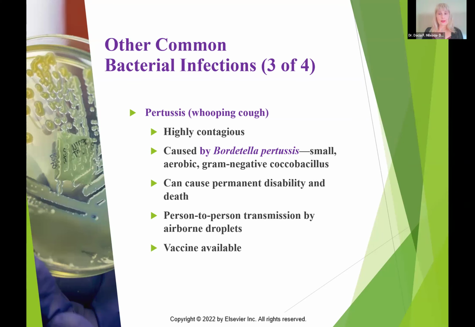Bordetella pertussis is the bacteria that causes whooping cough, or pertussis. These are aerobic, not anaerobic, so they require oxygen. They're gram negative, not gram positive. They're gram-negative coccobacilli. They can cause permanent disability and death. Ergo, we have a vaccine for it.